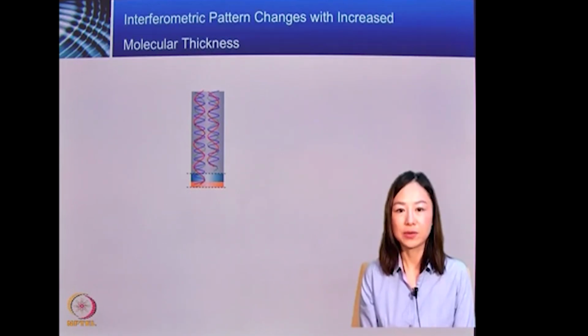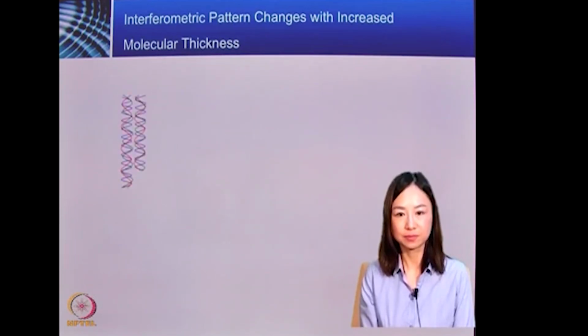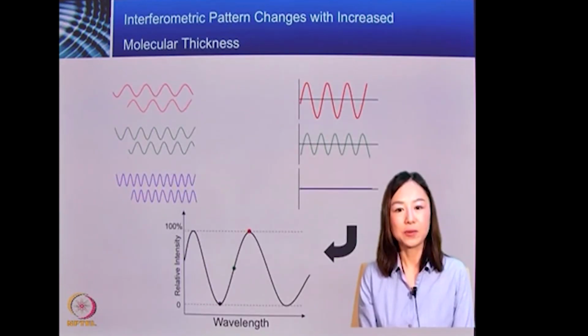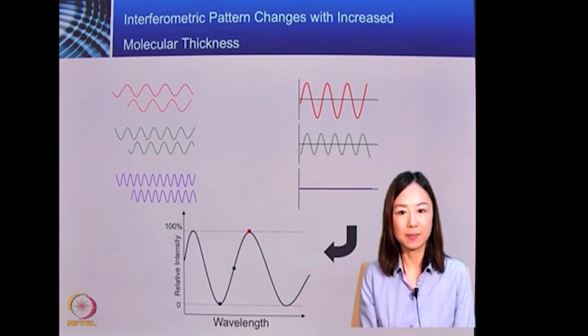This increase will change the interference between the two reflected waves. Originally we have the wave pattern as shown here, but after the interaction happens, because the interference changes, we see a different wave pattern. It is a shift from the original wave pattern.